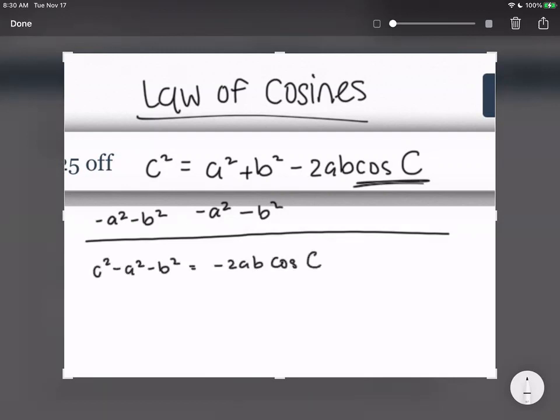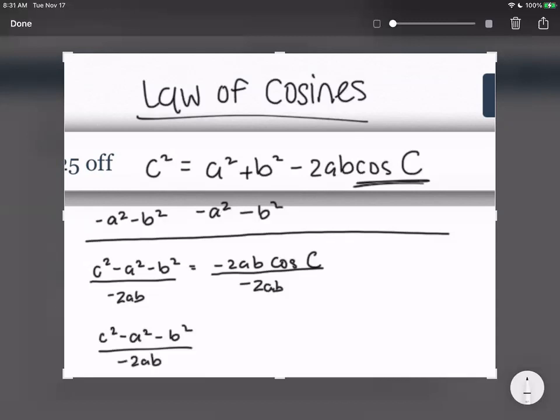And then cosine c is still not by itself, so I want to divide by negative 2ab so that those can cancel out. So divide by negative 2ab. And then that would give you, well, I'll just have to rewrite it, c squared minus a squared minus b squared over negative 2ab, which would be cosine c.